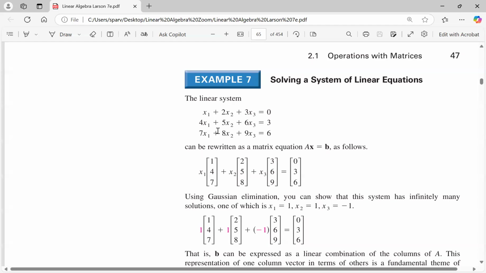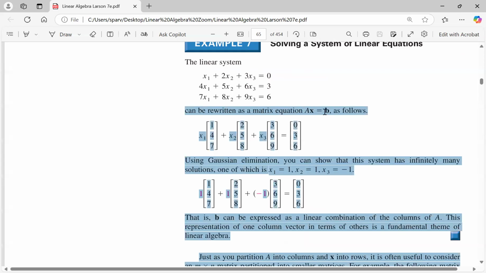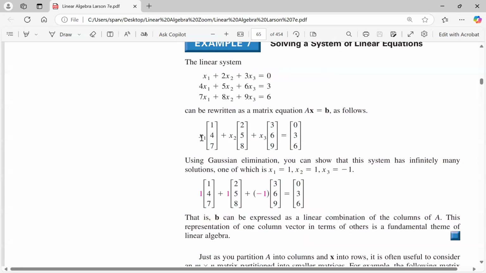So I just want to show you the example that's in the book of that. So here you have a system, 3 equations, 3 unknowns. Now notice that the system can be written in matrix form. So that's what we're talking about here. And here's x1, and this would be a sub 1.